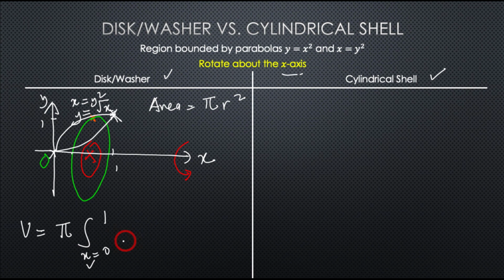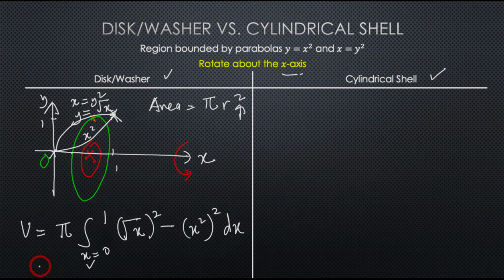So this one, square root of x, squared, minus, and from here, the small circle, this one is x squared. So this one, x squared, squared, dx. If you solve this, you will get 3/10 pi.